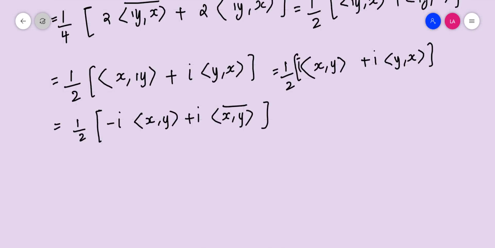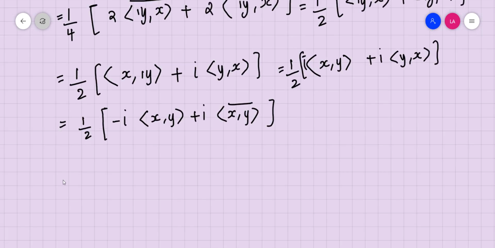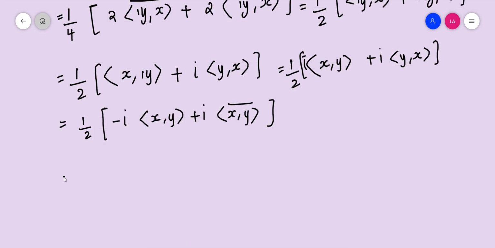Now you can take i outside, so this should be equal to i by 2 times inner product xy conjugate minus inner product xy.